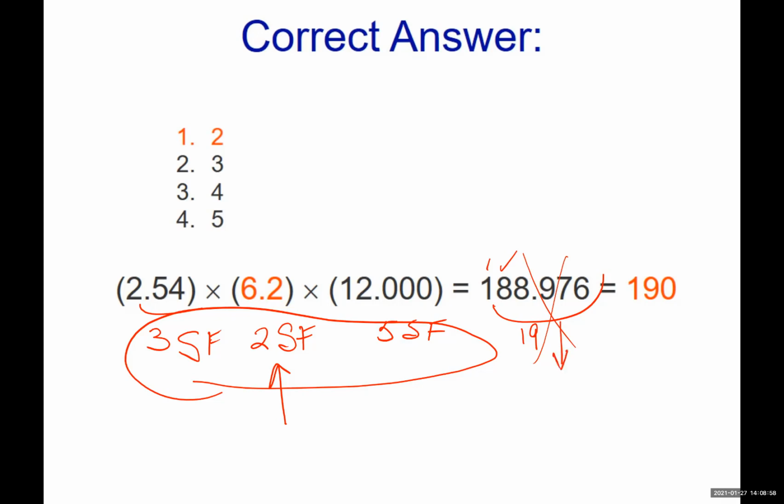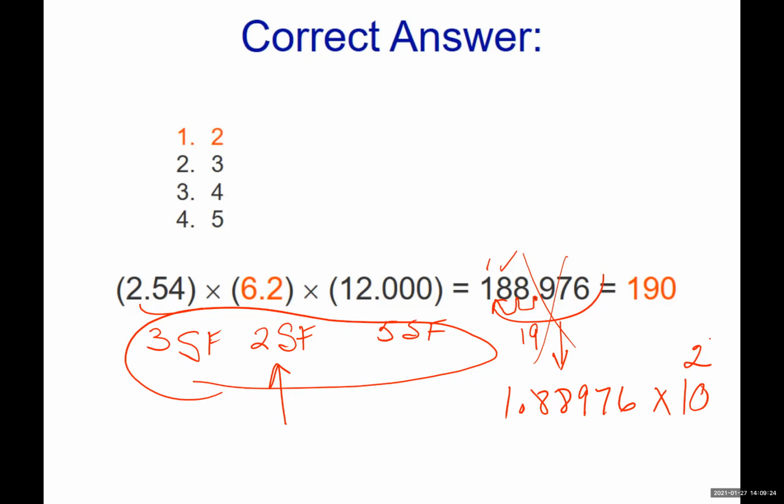It's a great idea to round up and down. Before rounding up and down, write the numbers in scientific notation. How would I write this in scientific notation? I move the decimal point twice, to the right of the first digit. Do you get 1.88976 times 10 to the power of 2?